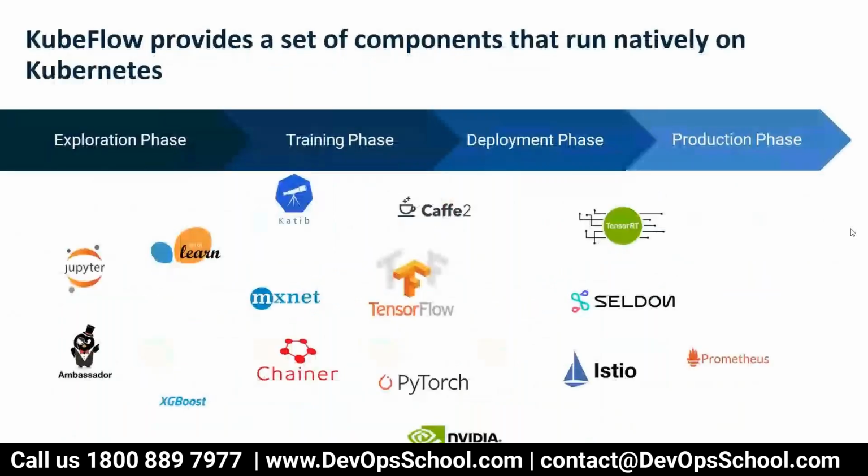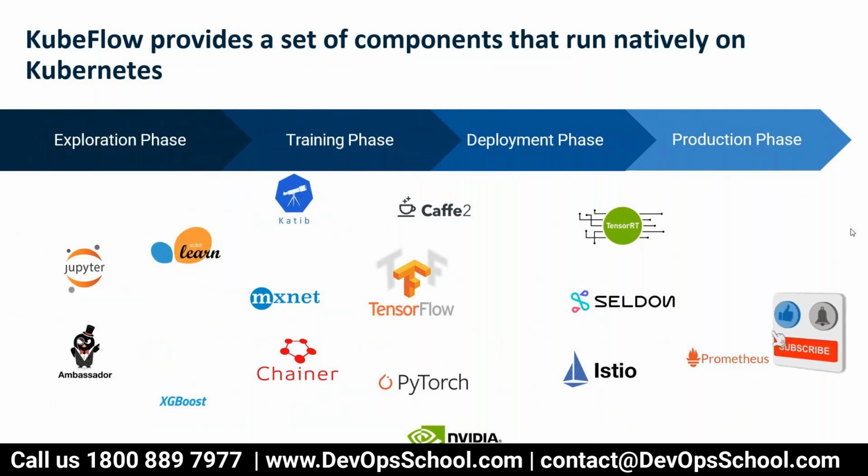So Kubeflow is one of the platforms where you can get the entire machine learning toolset, which can be used for doing a lot of things: the exploration phase, training phase, deployment phase, and production phase. You need a hell of a lot of tools, and all these tools you will get in Kubeflow.